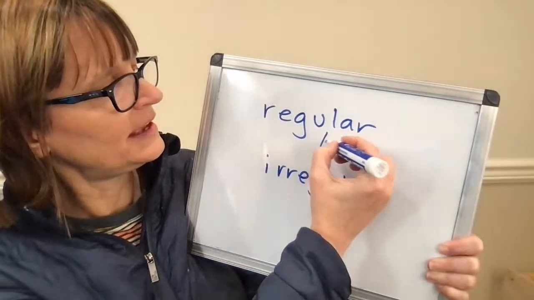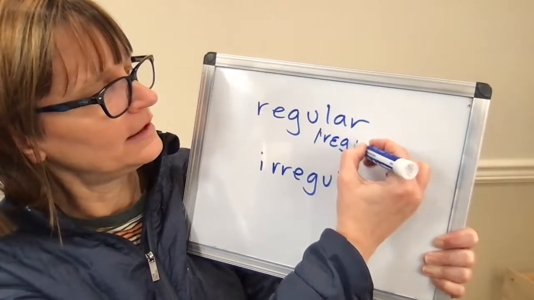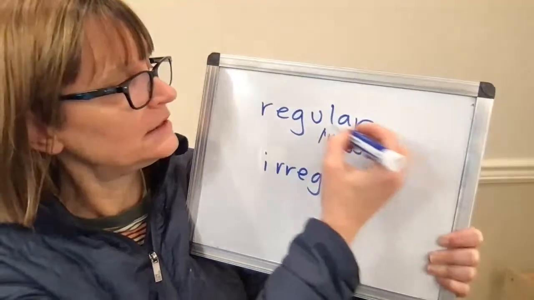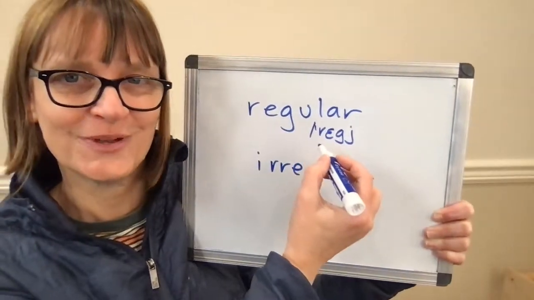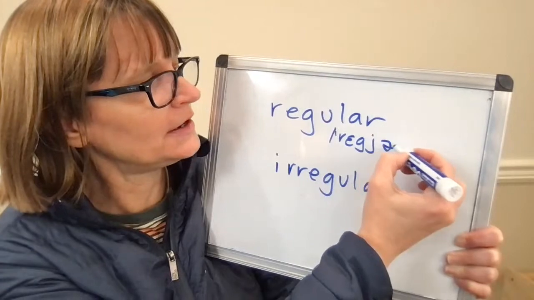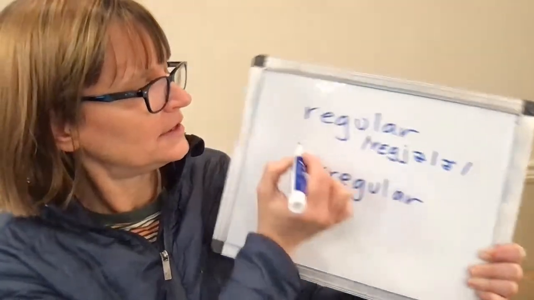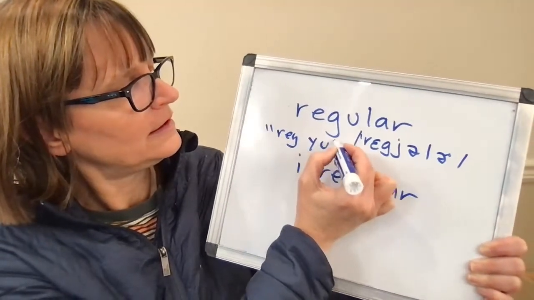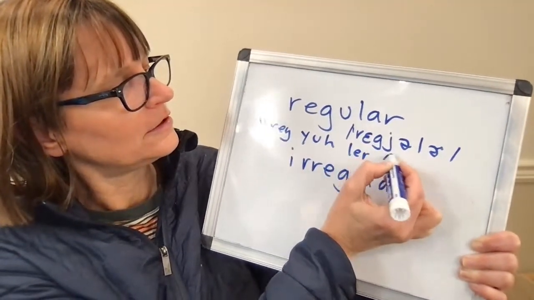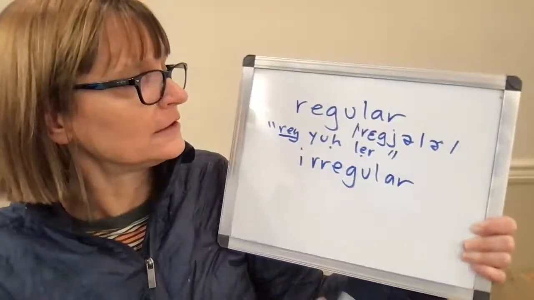So the IPA would be first syllable stress, reg, the glide, ya, reg-ya. Because this letter U is unstressed, it's going to be a schwa here. And then the AR says an ER sound. So it would sound like reg-ya-ler, with length on reg, regular.